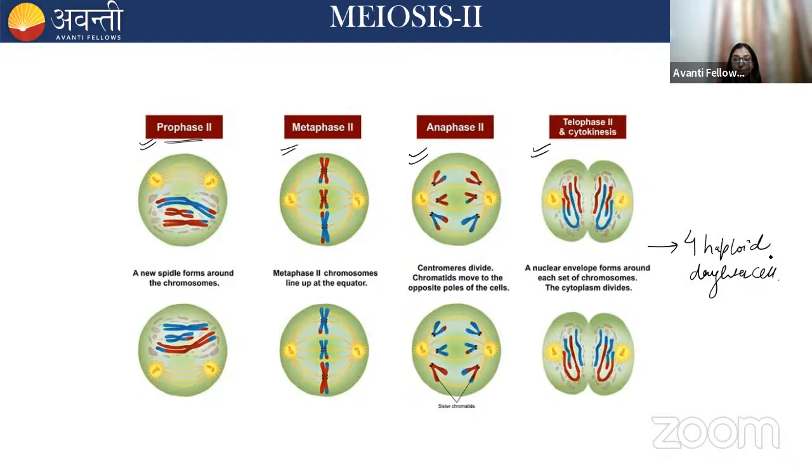Mitosis generally occurs in somatic cells, and meiosis occurs in gametic cells. In mitosis, no pairing of homologous chromosomes is observed, but in meiosis, the pairing of homologous chromosomes occurs, and the pairing of the homologous chromosomes is known as synapsis.